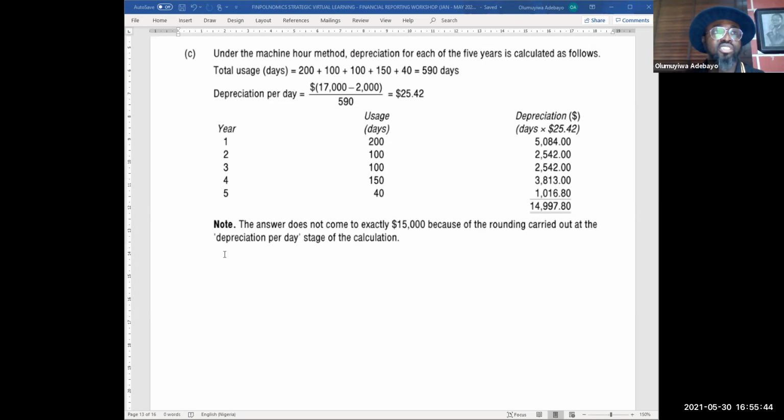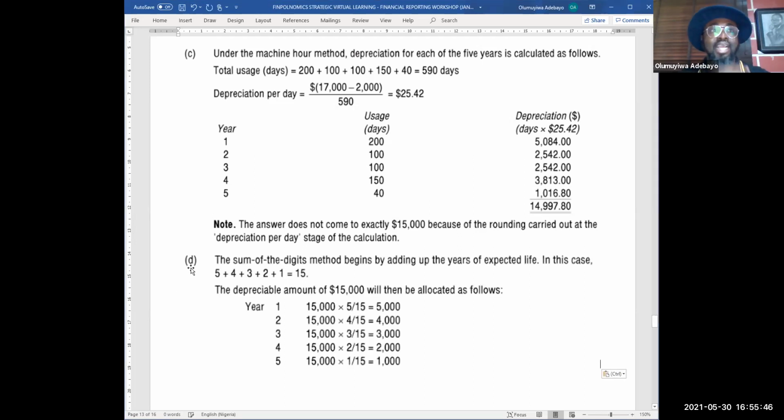It's synonymous to reducing balance, but rather it uses year counts. Okay, who can interpret sum of the year digit method? Who will interpret that? Bashir.